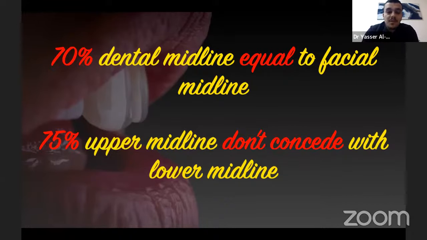But the same studies show that 75% of upper midlines don't coincide with the lower midline. So in most cases, we don't need to make the upper midline coincide with the lower midline. It's enough to make the upper teeth midline coincide with the facial midline.